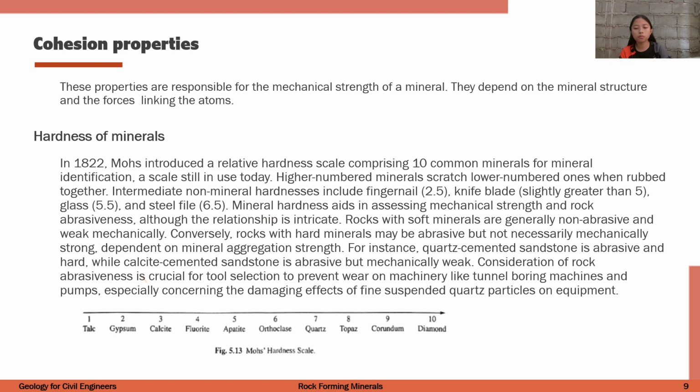Conversely, rocks with hard minerals may be abrasive but not necessarily mechanically strong, dependent on mineral aggregation strength. For instance, quartz cemented sandstone is abrasive and hard, while calcite cemented sandstone is abrasive but mechanically weak.